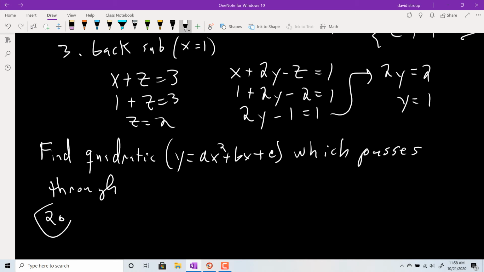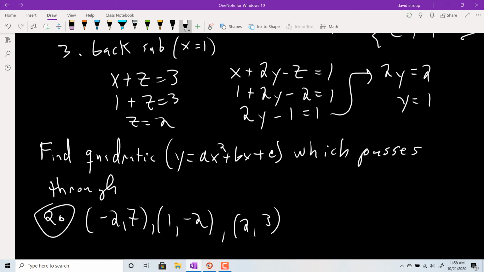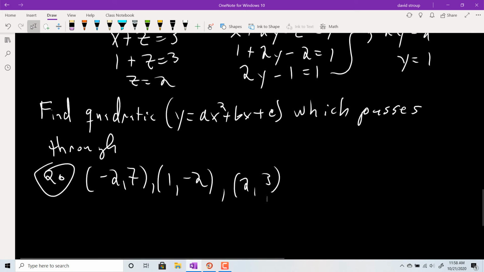So problem 20, they give us the points -2, 7, 1, -2, and then 2, 3. And you could always pull this off so long as the points don't have the same x coordinate.